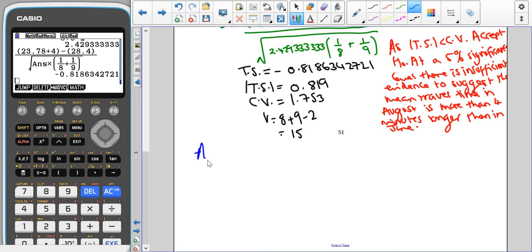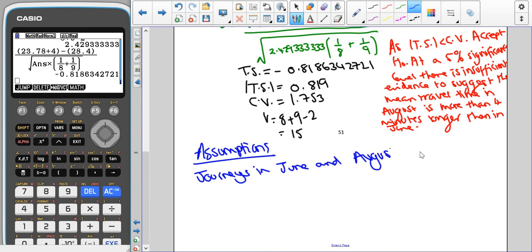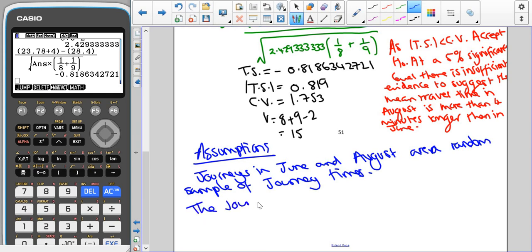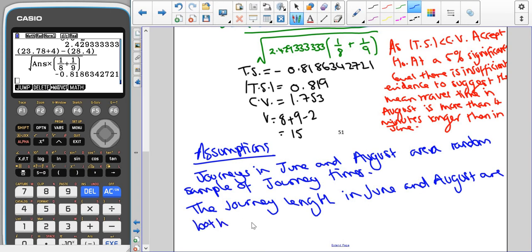So our assumptions here is that the journeys in June and August are a random sample of journeys or journey times, and that the journey length in June and August are both normally distributed.